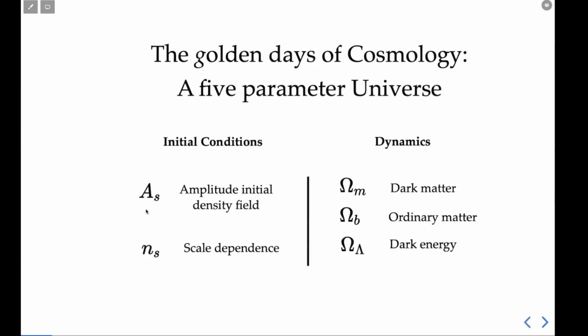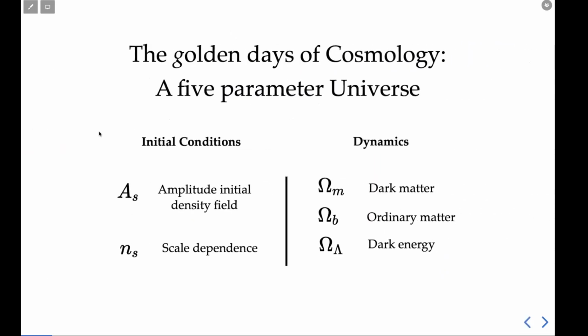But first, let me tell you why we really want to constrain these cosmological parameters as accurately as possible. Nowadays, we can basically compress the whole information about how the universe evolved into 5 to 10 parameters. Here we have a summary of some of them. Two of them describe the initial conditions of the universe and its astrophysical properties, and others describe its dynamics, how it evolves.